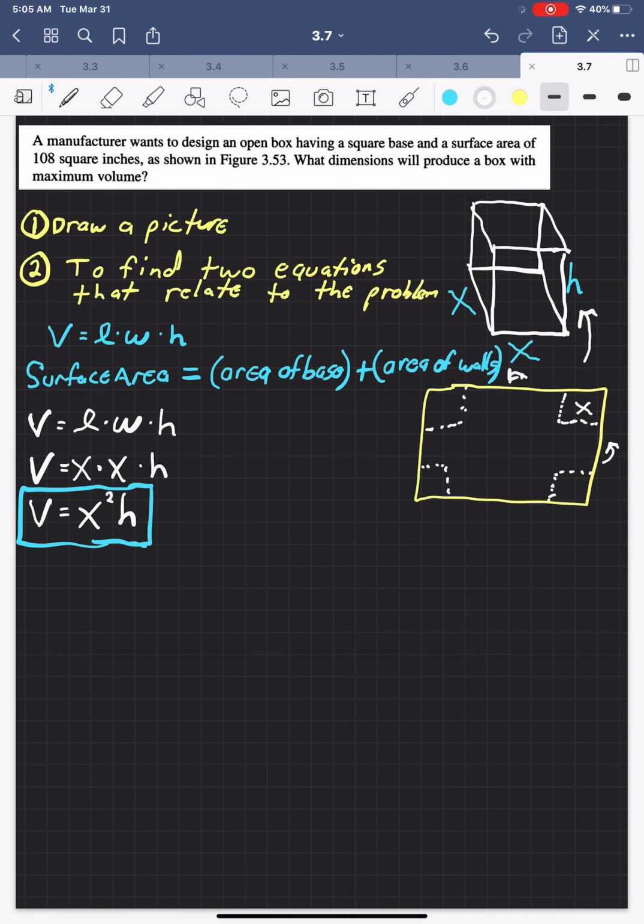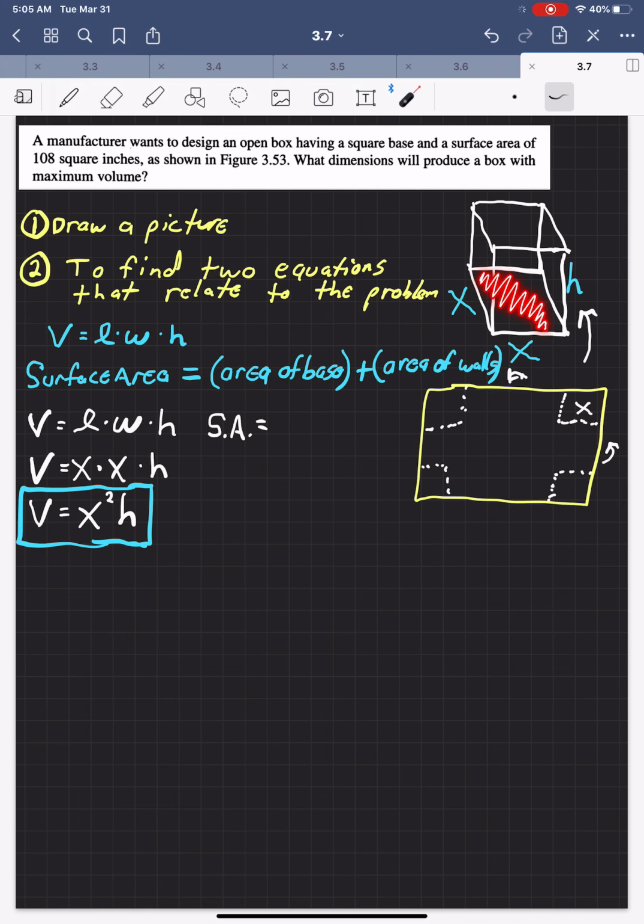All right, ready? Let's actually figure out the surface area. So for short, I'm just going to put SA for surface area. Ready? So what is the area of the base? So do me a favor, I will try my best to shade in. If I'm looking at just the base of this box, what's the area?